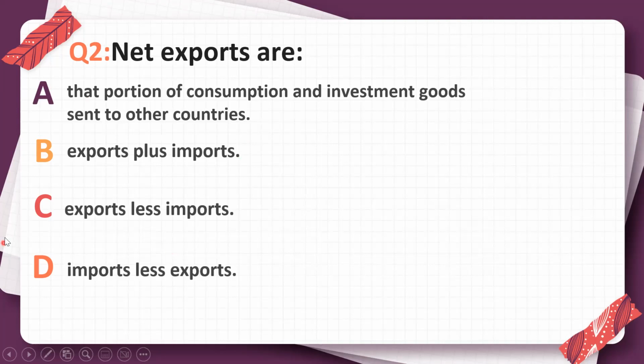The right answer here is exports minus imports. We always have the net exports, calculated with the formula X minus M. So net exports are exports less imports.